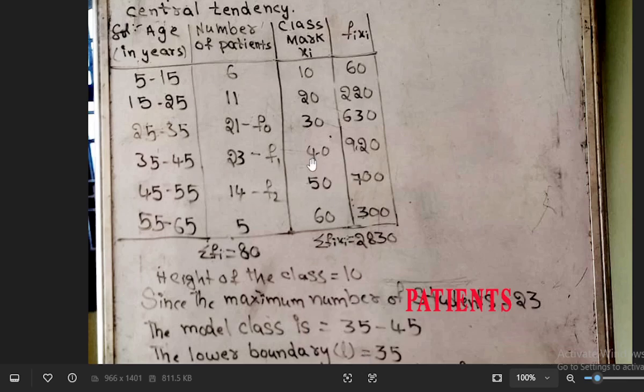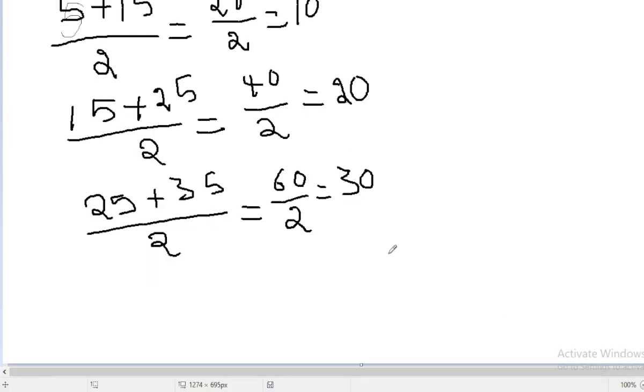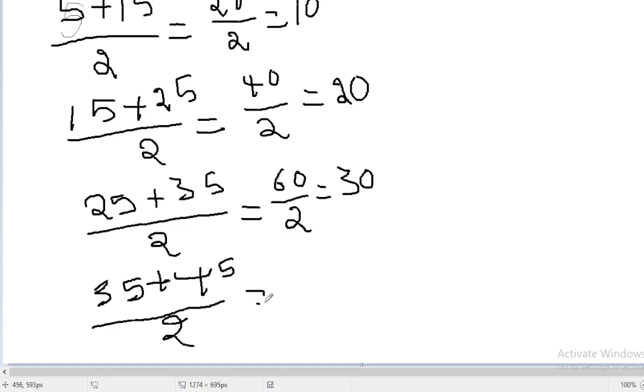Next class, that is the third class. What is the midpoint? We write that as the class mark for the third class. Then the next one, 35 to 45, by 2 is equal to 40.